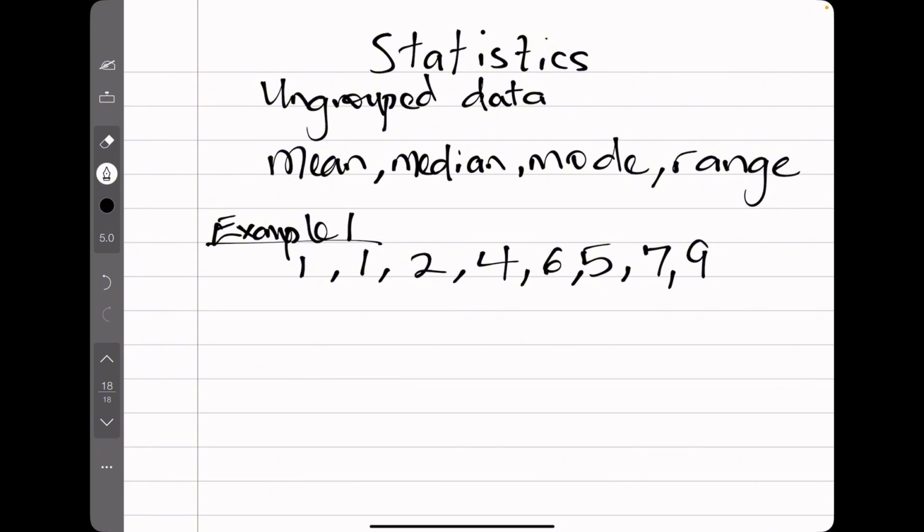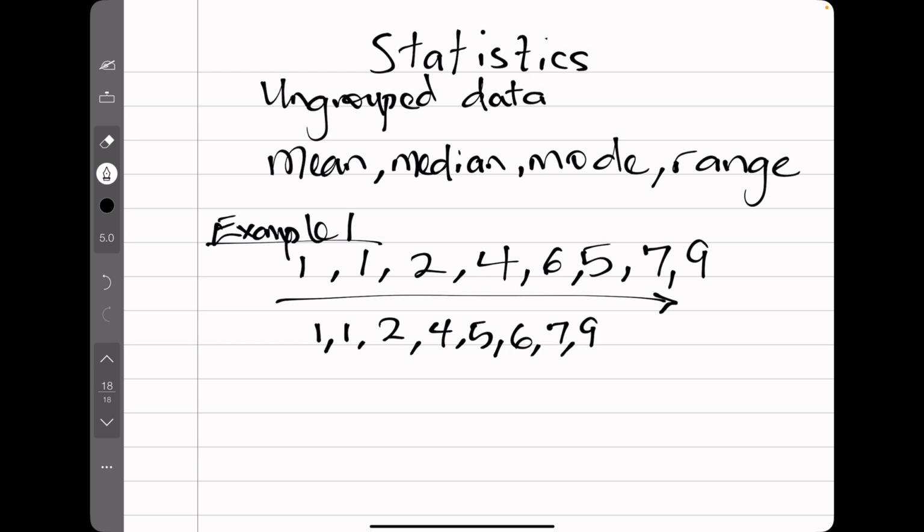We are doing ascending order, smallest to largest. So that is going to be 1, 1, 2, 4, 5, 6, 7, 8. That's what we have here.